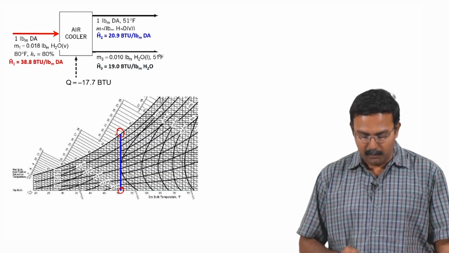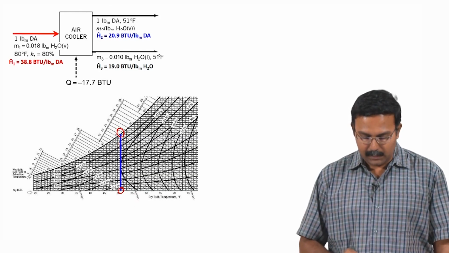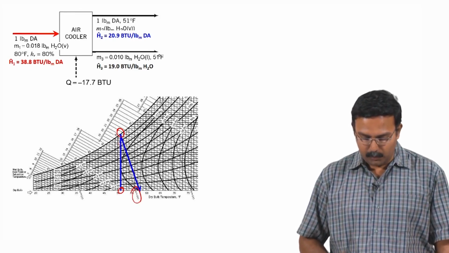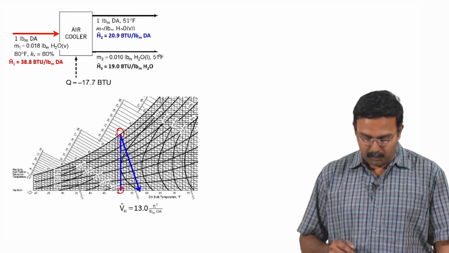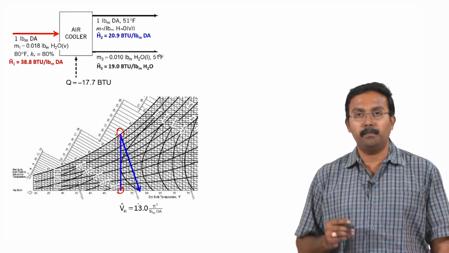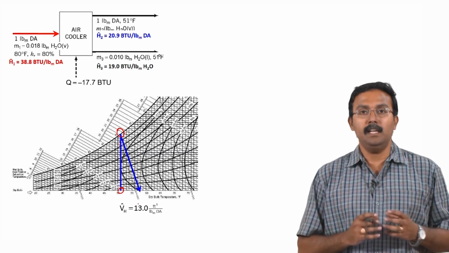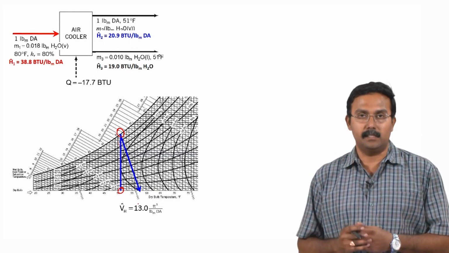So, the humid volume can be identified using a line drawn parallel to these slanting lines which you are seeing here, and using that you would have the humid volume for the air water mixture, which is roughly 13 feet cube per pound mass of dry air. So, there is 13 feet cube of humid air which is leaving the system.